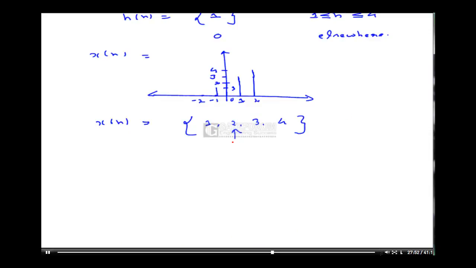This symbol indicates that this is the origin position. Okay. If we want to find yn, which is hn convolve with xn, so this is the problem which we want to find. Now see the solution.